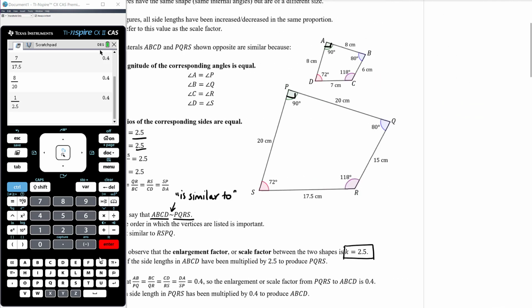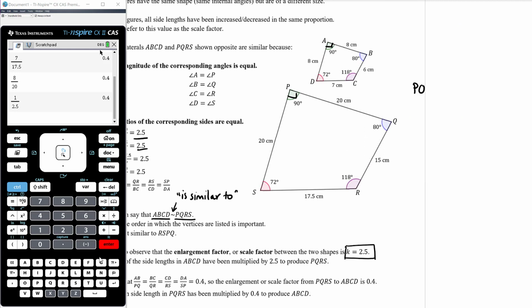So in this particular shape, we know that if we took the side length PQ and divided it by the side length AB, that's the same as if we had taken side length QR and divided it by side length BC. So let's say, what's PQ? 20 divided by 8 equals, let's say we didn't know QR, x divided by 6.